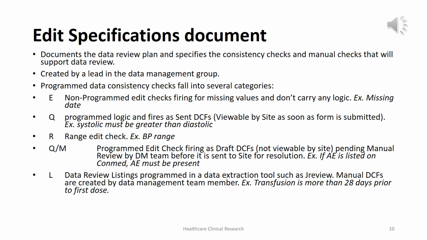An example of this may be a blood transfusion that is more than 28 days prior to first dose. That may be something we would look for in that study, and we'd want to clarify whether or not that occurred.